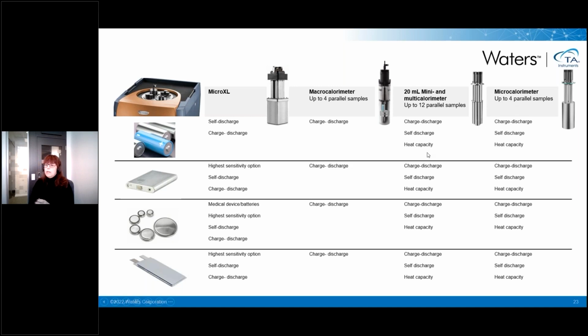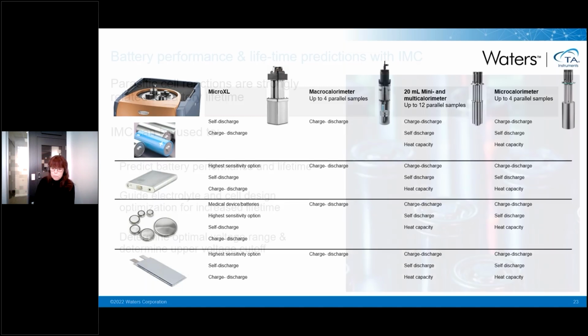This will offer a higher throughput where you can do up to 12 parallel samples at a time. And depending on the sensitivity of the calorimeter, you can do self-discharge of a battery, but you can also do charge-discharge, and we can do heat capacity measurements on whole batteries by stepping the temperature.